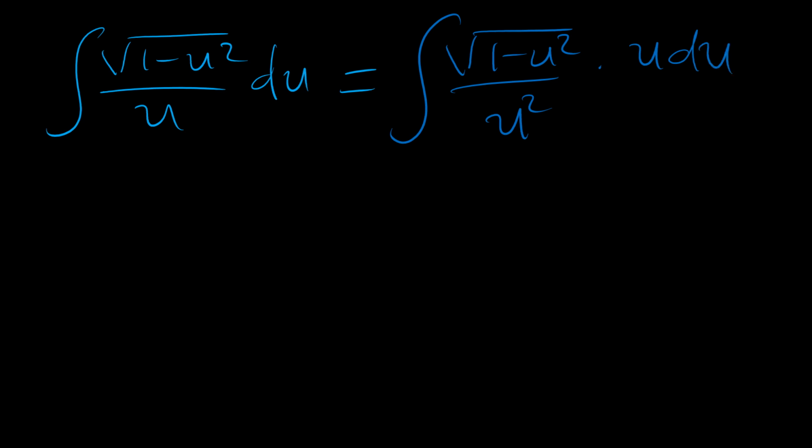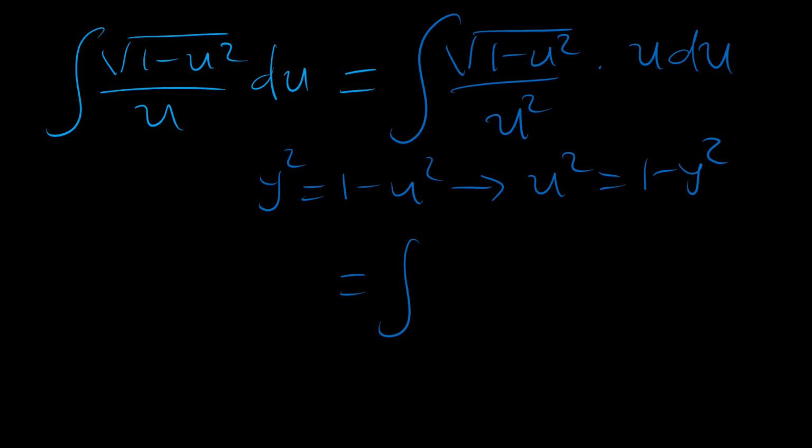Since y squared is equal to 1 minus u squared, that means that u squared is equal to 1 minus y squared. So our integral now becomes, in place of the square root of 1 minus u squared, we get y. In place of u squared, we get 1 minus y squared. In place of u du, we get negative y dy.